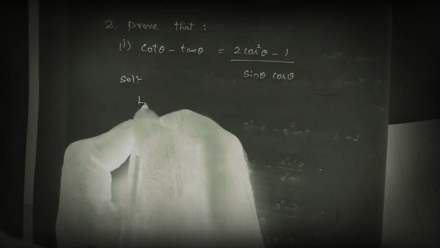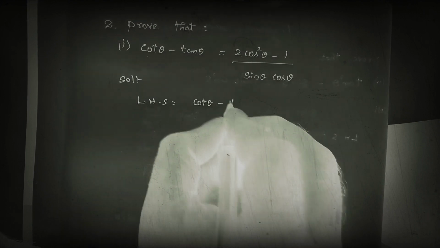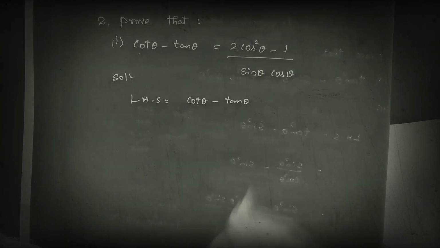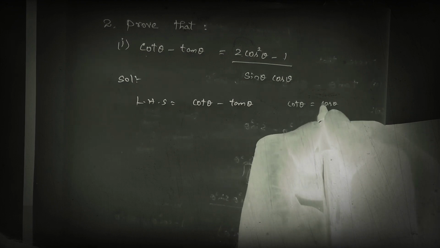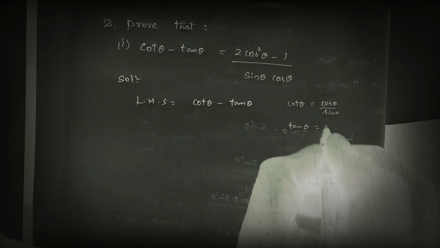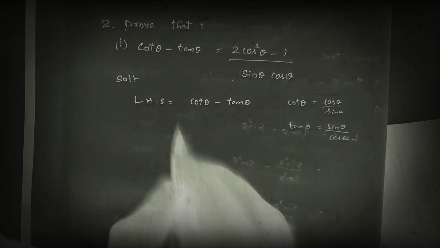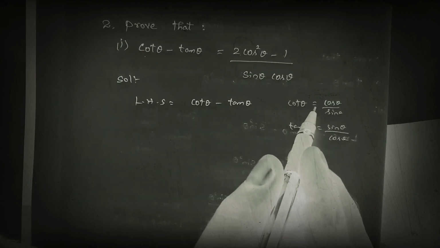I'm taking the LHS. LHS is equal to cot theta minus tan theta. Already we know that cot theta is equal to cos theta divided by sin theta, and tan theta is nothing but sin theta divided by cos theta. So I'm converting cot theta and tan theta in terms of sin and cos.